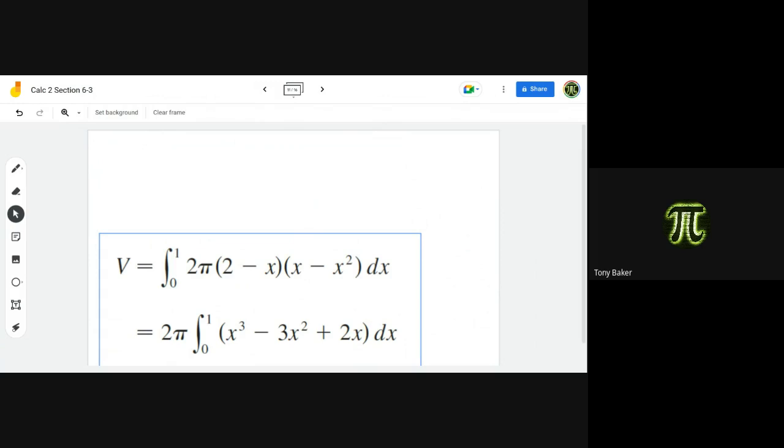Did you foil out and then simplify? Minus 3 plus 2x. It's minus 3x squared, because negative 2x squared and minus x squared combine to minus 3x squared. I'm also not doing that right. I didn't make a mistake this time.